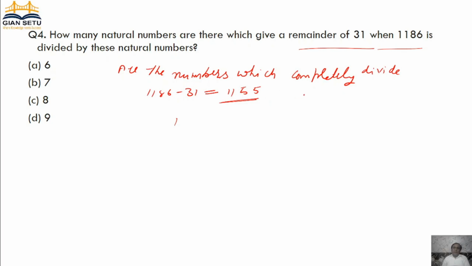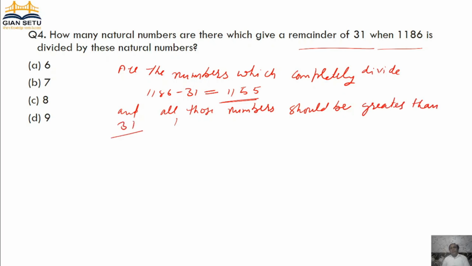And all those numbers should be greater than 31. Okay. Now let's see the factors of 1155.